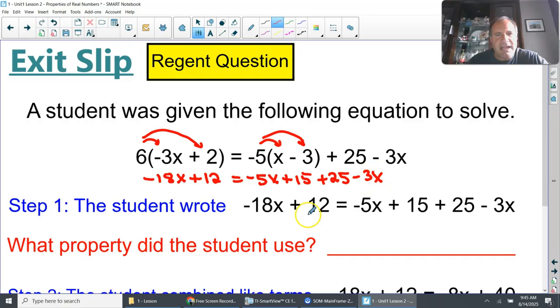So that's exactly what the student wrote. So what property did he use? Well, that's distributive property. And you don't have to say it's over subtraction or addition. It's just distributive property. Because it happens over both, you don't have to add that it's both.